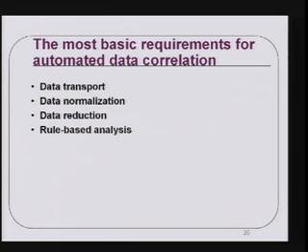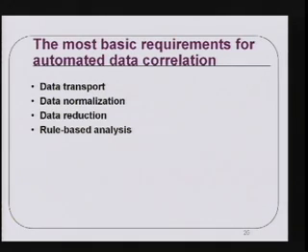Well, I do automated data correlation for a living. That's my livelihood right now. And I'm telling you, if you want to do it, you have to consider four things. The first one is data transport. You have to get the data to where it needs to go. Second, you need to normalize the data. That is, you have to parse the data so that you can understand what's what. Oh, this is an IP address. Oh, this is the name of the protocol.